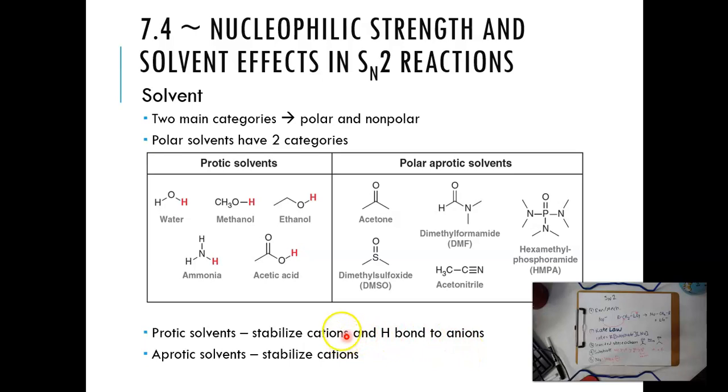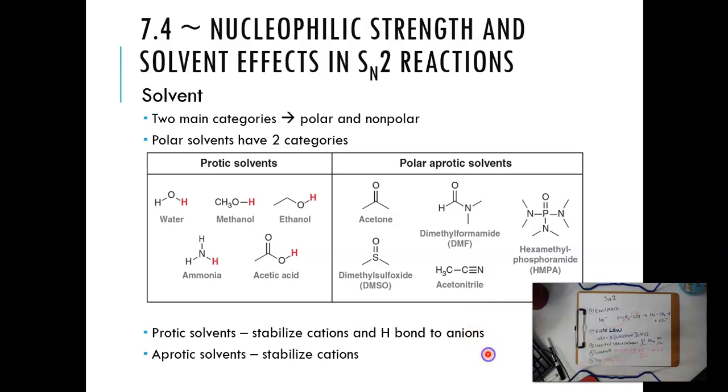The cations are stabilized because they have these electronegative atoms, oxygens, nitrogens, and the anions are stabilized because of those available hydrogens. In an aprotic solvent, the solvent can help stabilize cations, but not anions. So our negatively charged or partially negatively charged oxygens and nitrogens can surround a cation, but there isn't anything available to surround that anion.